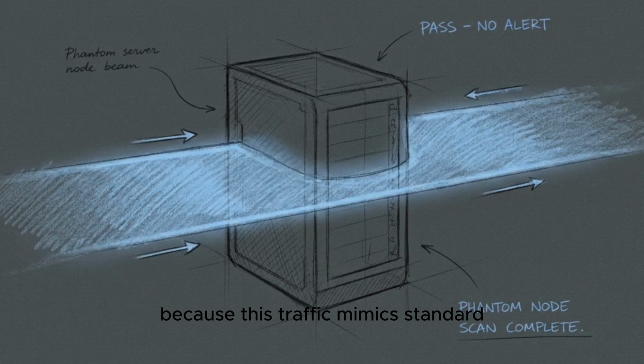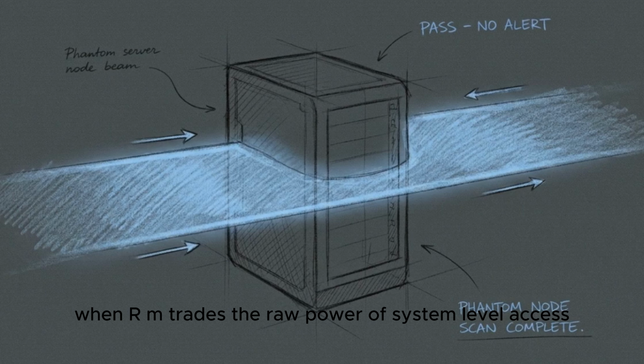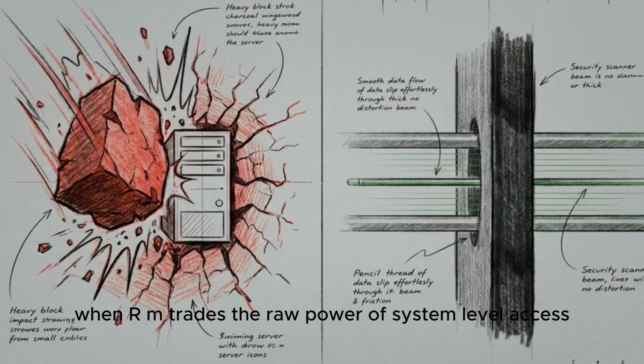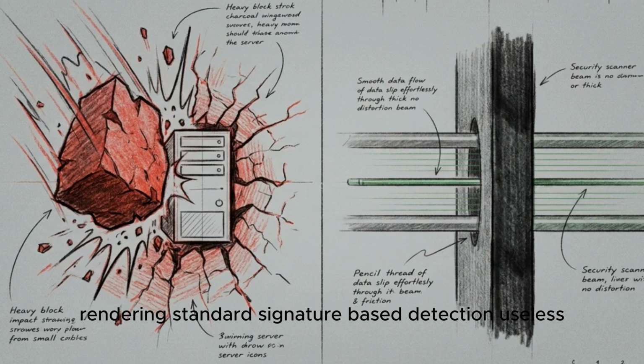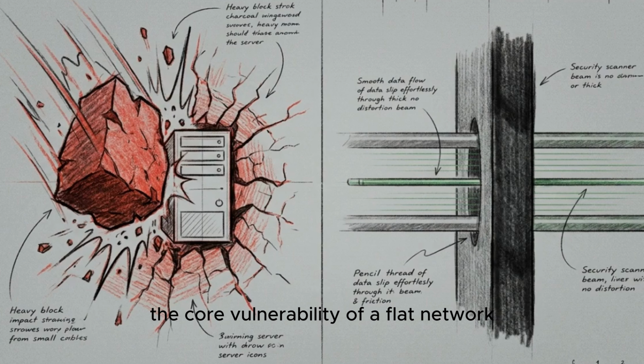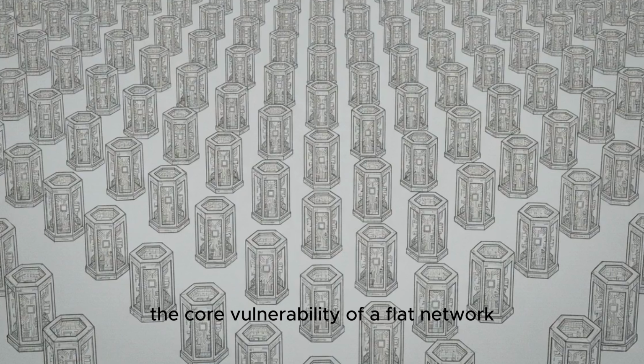Because this traffic mimics standard authorized system administration, traditional endpoint defenses and antivirus agents often ignore it entirely. WinRM trades the raw power of system-level access for the stealth of behaving like a legitimate sysadmin, rendering standard signature-based detection useless.